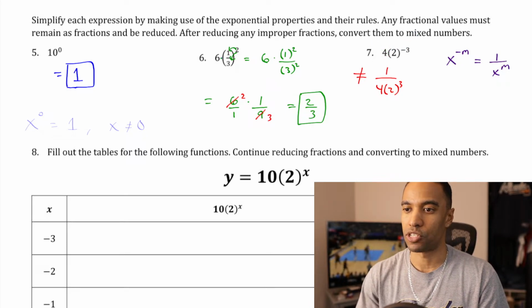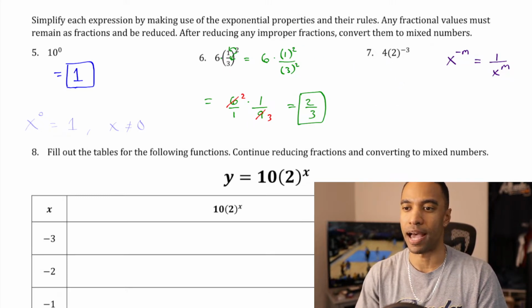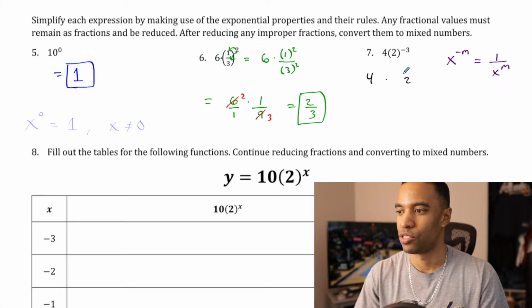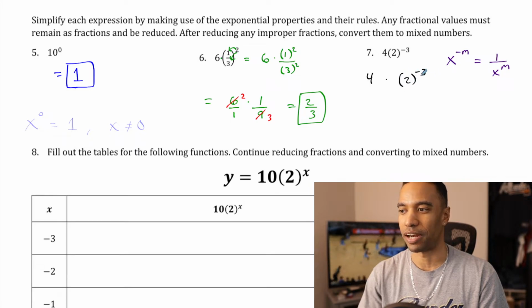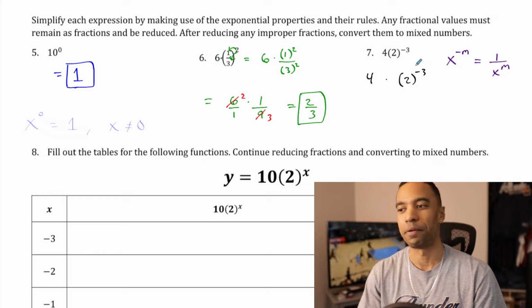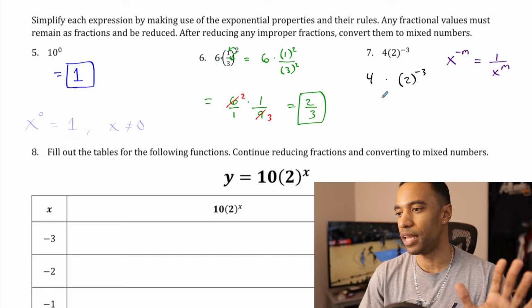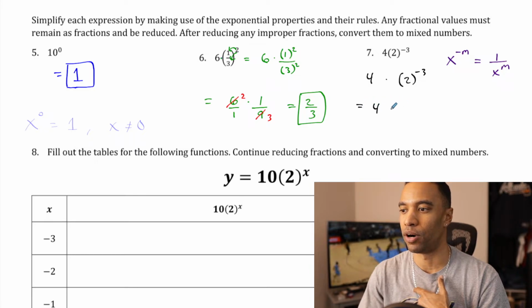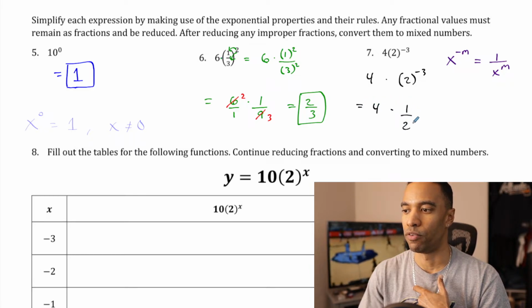If you want me to separate this thing, perception is reality for people. If I turn this into 4 times 2 to the negative third, people see that a lot more as, oh yeah, it's just that thing, right? So the 2 to the negative third would become 1 over 2 to the third. So that equals 4 times 1 over 2 cubed.